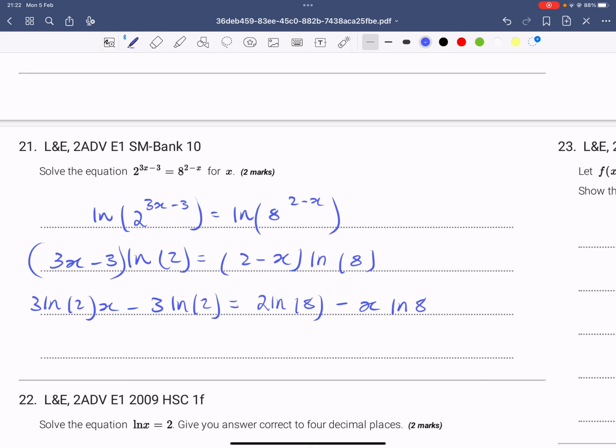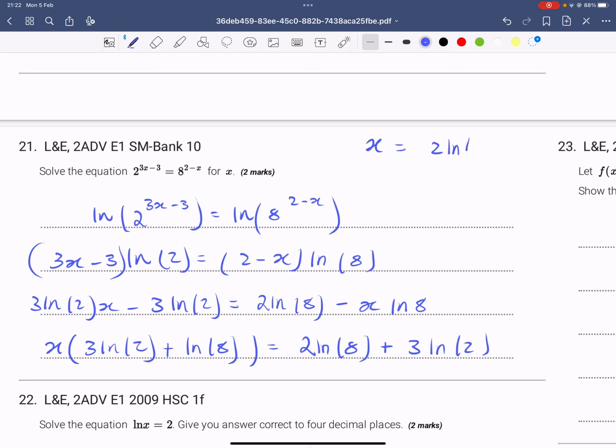So of course we're just going to have x outside of 3 ln of 2 plus ln of 8 is equal to 2 ln of 8 plus 3 ln of 2. And then just going up here, x is going to be 2 ln 8 plus 3 ln 2 over 3 ln 2 plus ln 8. That was fun.